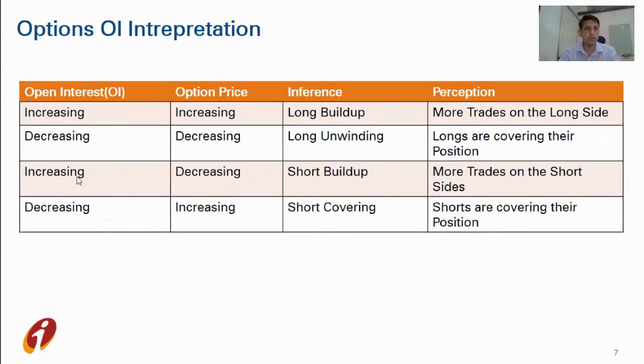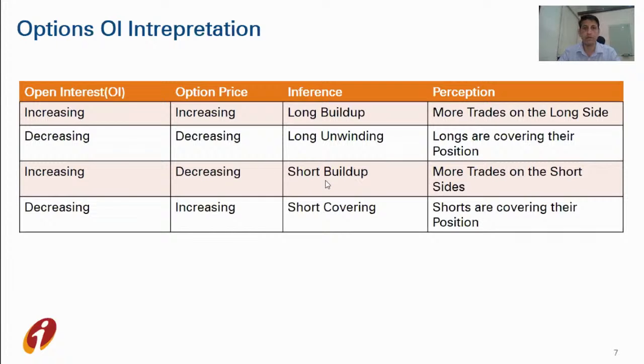Similarly, if the open interest is increasing and the option price is decreasing, it means people are increasing their trades, shorting, and are more aggressive on the short side. They are trying to aggressively short the call.